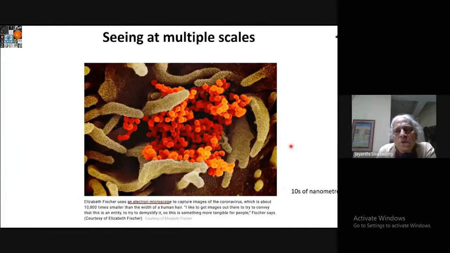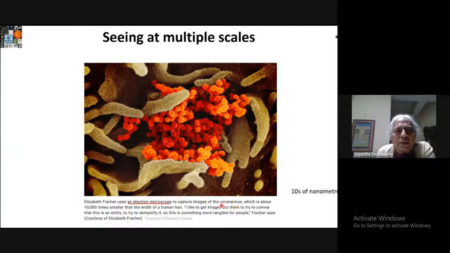Now I can go to nanometer level also and take an image, and that is a different kind of microscope, and this is found mostly in academic institutions. This is what we call an electron microscope, and this is the coronavirus seen through the electron microscope.